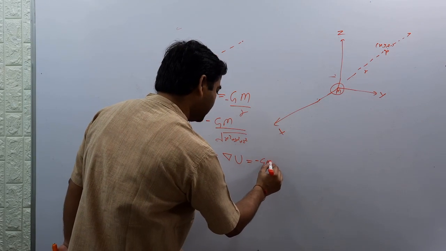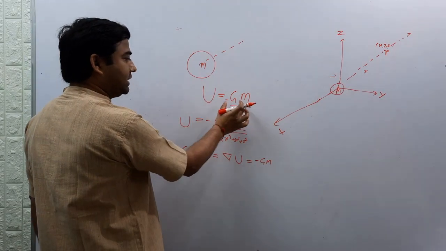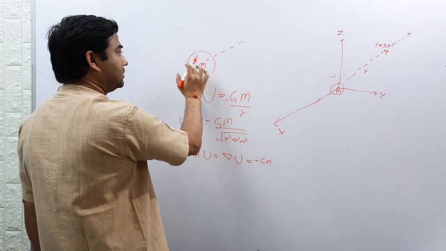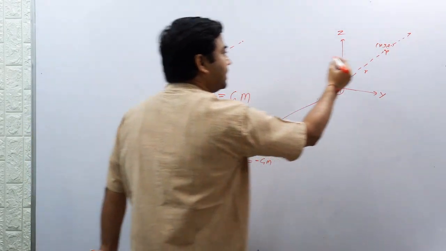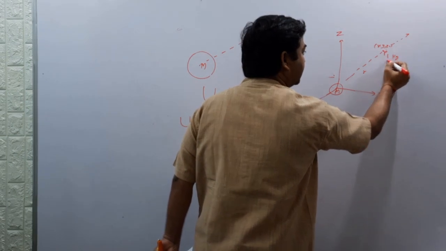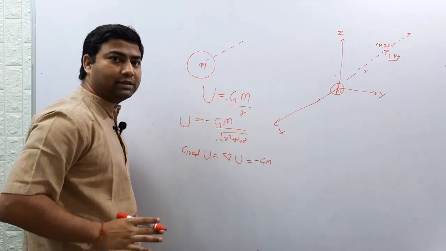Minus Gm. This is the potential energy for a unit mass. Due to this concentrated mass, there will be a gravitational field. For a unit mass placed at this point, 1 kilogram, the potential energy is given by this expression.